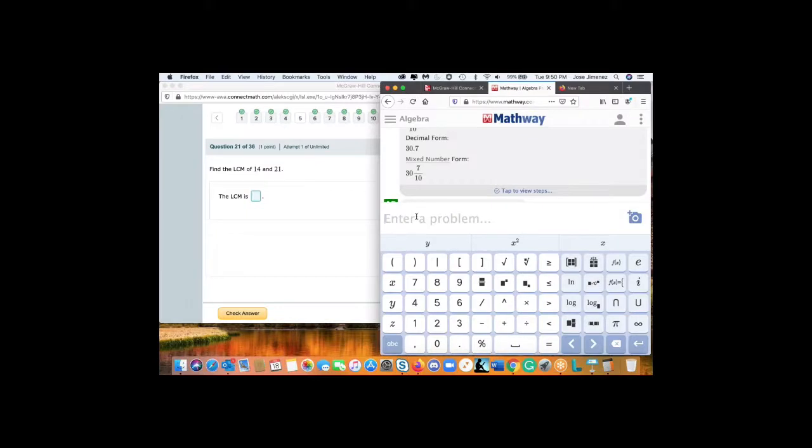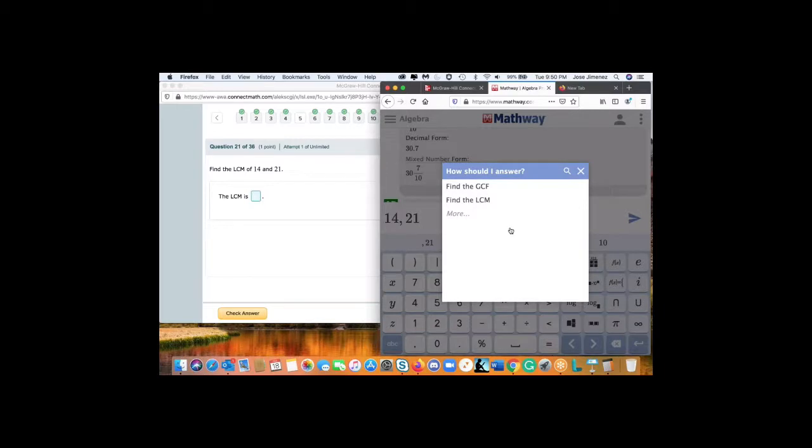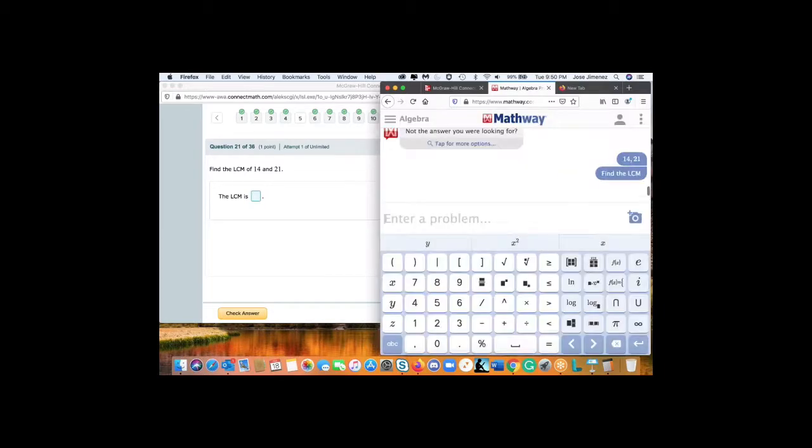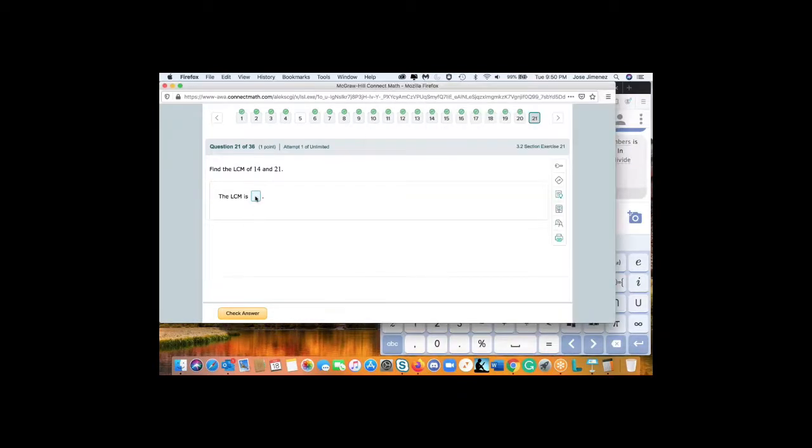You place the numbers 14, then a comma, separate by 21, and then you click, and they will ask you looking for LCM, the least common multiple, and that gives me that is equal to 42. And you can check that. Now if you want to see the steps of the LCM, we can show an example.